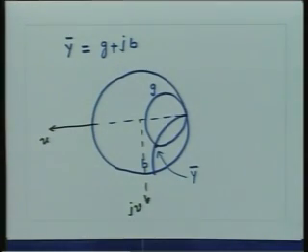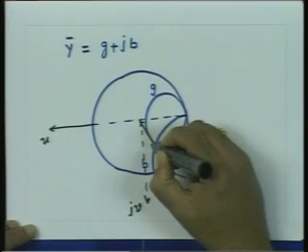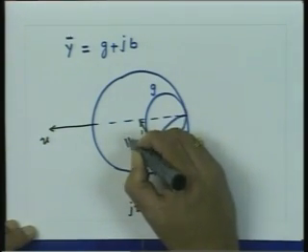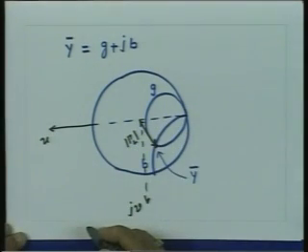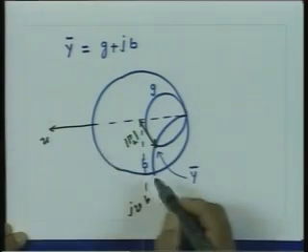So, this distance from center to this point gives you the complex reflection coefficient magnitude. So, this is mod gamma L, and the angle of reflection coefficient is measured from this axis.